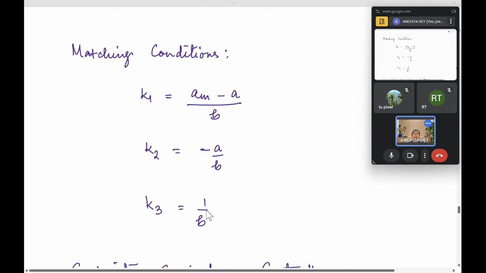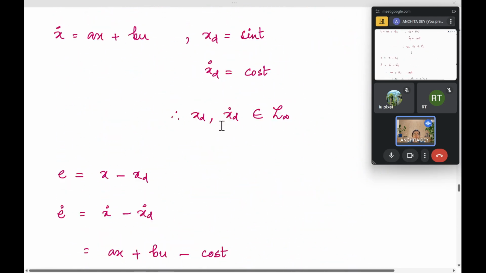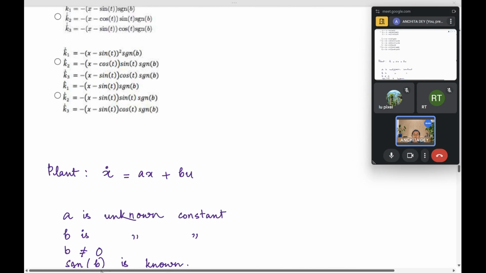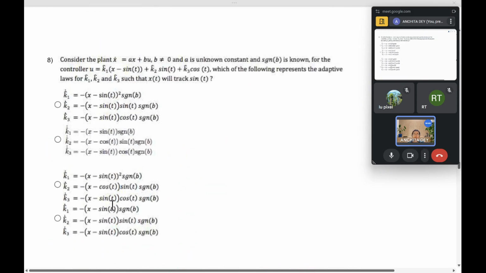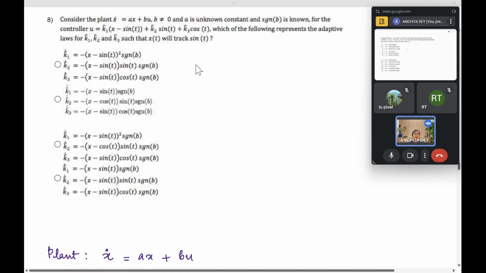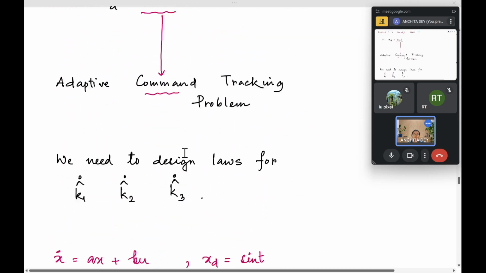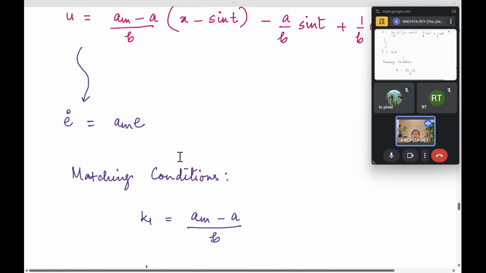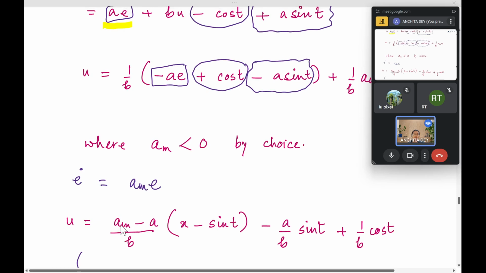So you can use these matching conditions now, which is an assumption that there exist such K1, K2, K3 which satisfy these conditions. And of course you don't have to worry about B, because the question already said that B is not equal to 0. So you see we have something like K1 hat into this e plus K2 hat into xt plus K3 hat into xt dot. You can again match it if you want. See, it's the same expression.